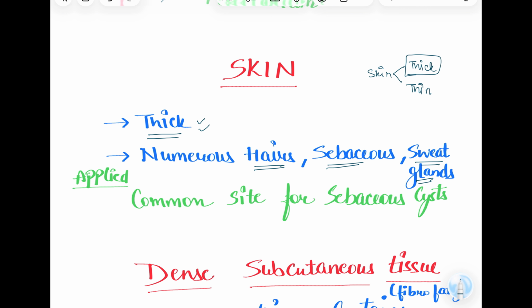But before that, you must be aware that it's the thin layer where hair and sebaceous glands are present, and in the thick layer you will find the sweat glands. But in the scalp, it is a thick layer where you will encounter all the three appendages, that is your hair, sebaceous and sweat glands, right?